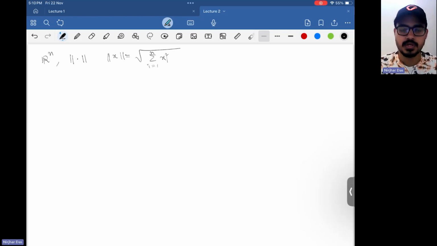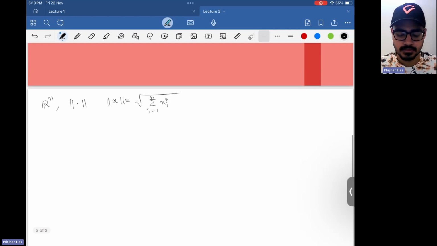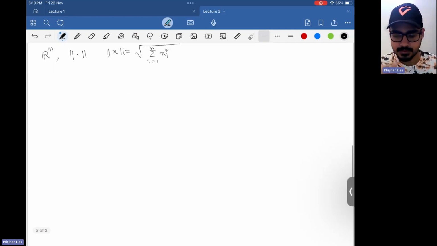So we are equipped with this norm structure on the space, and now we want to define what it means for an object to have some volume.